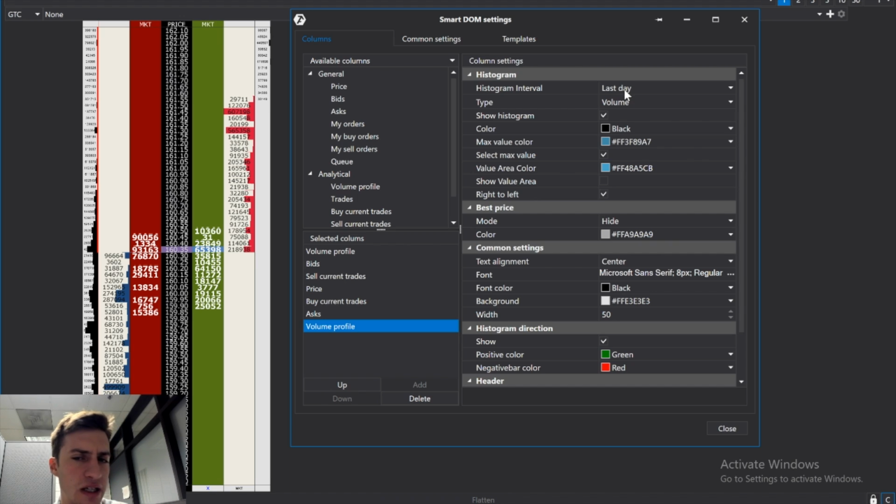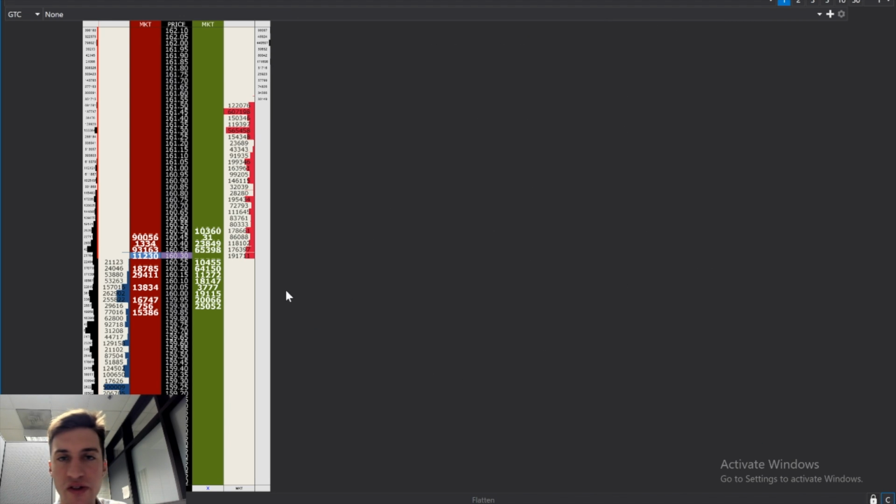You don't exactly need to have this set up, you don't need both the last day and present day volume profile, but for this video I wanted to show both. So remember, left is today: the volume transacted today, and on the right we have the volume profile of volume transacted yesterday.